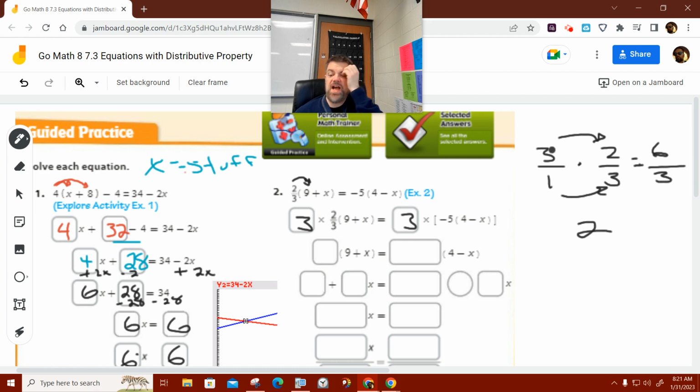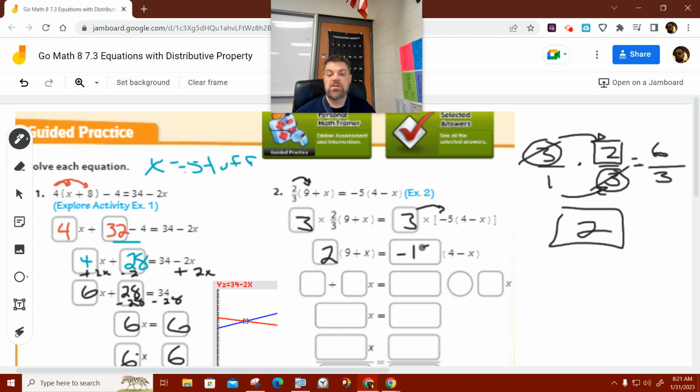So basically this is dividing by 3, and when we multiply by 3, they cancel out, and you're always left with the numerator. Okay? But still do the math. And so then this whole thing just becomes 2 times this stuff. This whole thing becomes negative 15 because I only need to multiply once.